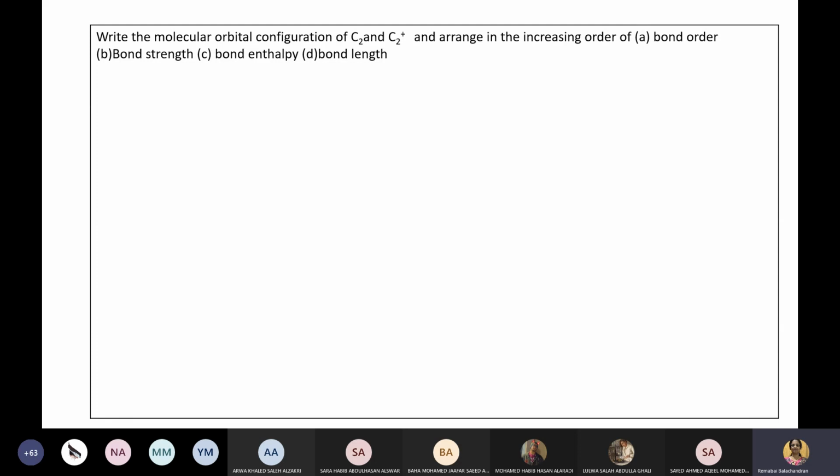First of all, C2. C2 means total how many electrons are there? Total 12. 6 times 2, 12 electrons. So can you tell me the electronic configuration now? Sigma 1s2, sigma star 1s2, sigma 2s2, sigma star 2s2. So now how many electrons? Total 8.